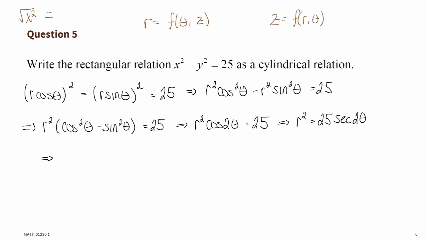It's the absolute value of x. So that's why I'm asking, the square root of r squared here is r. Why? R is positive. We're taking r to be positive. It's measuring a distance.